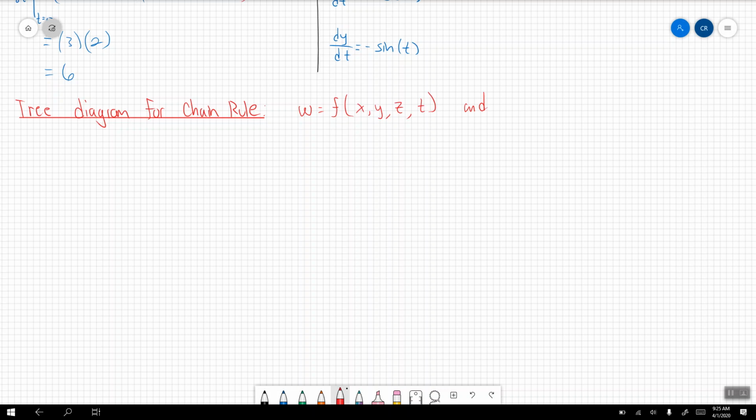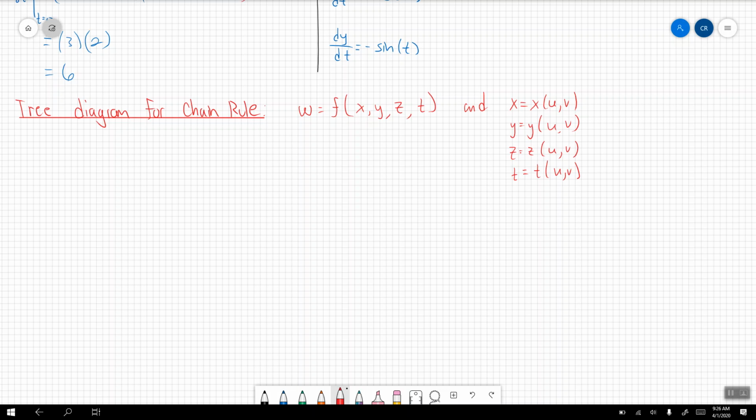And I'm further going to define that x is going to be some function that contains u, v. Y is going to be some function that contains u, v. Z is going to be some function that contains u, v. And t is going to be some function that contains u, v.